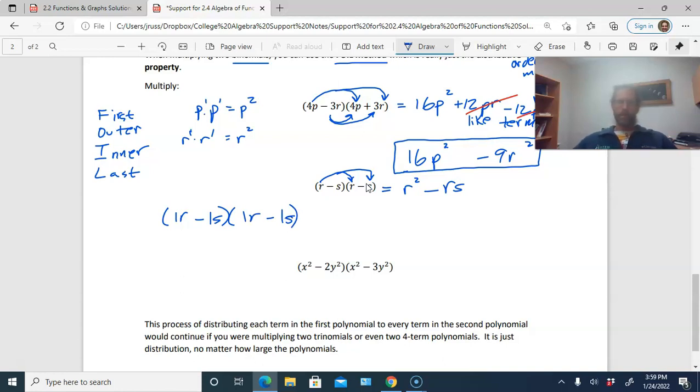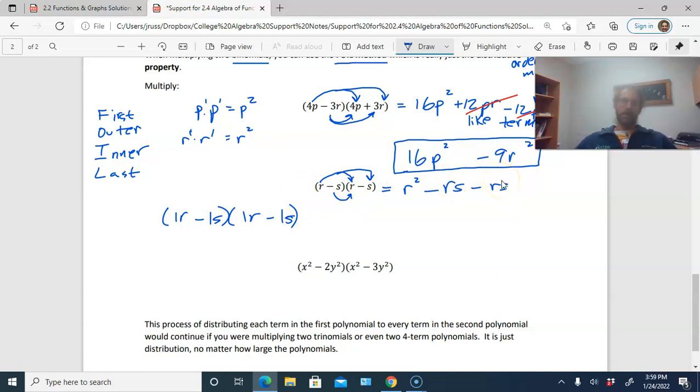Alright, so now I'm going to move on and distribute the negative s. So negative 1s, or you can look over here, times 1r will give us another negative rs. And again, I changed the order to match this term that I just put down. So I can see that these are going to be like terms that I can combine here in a minute.